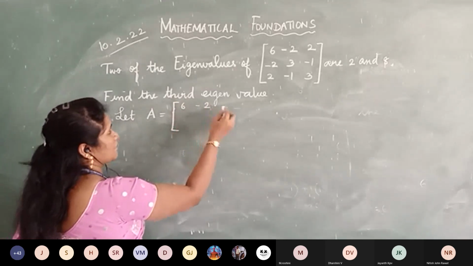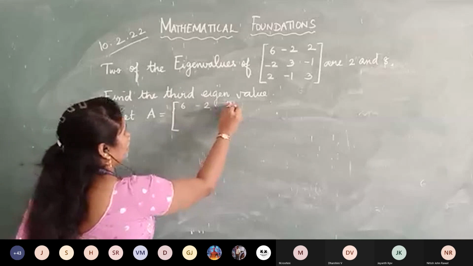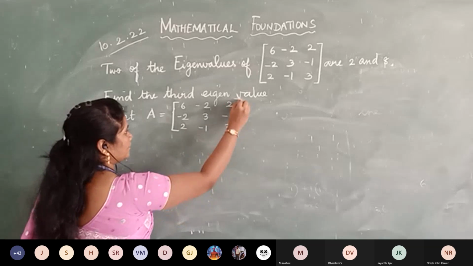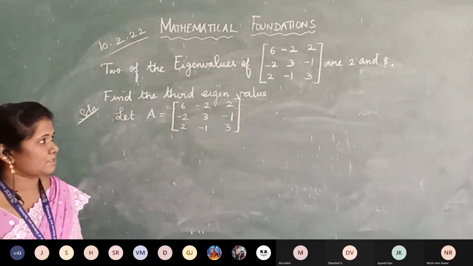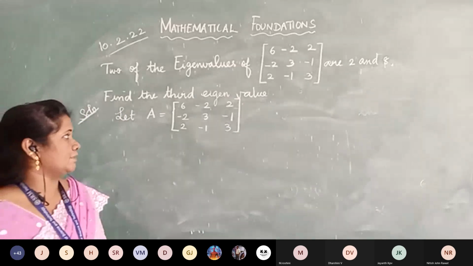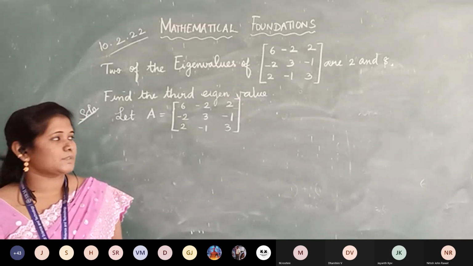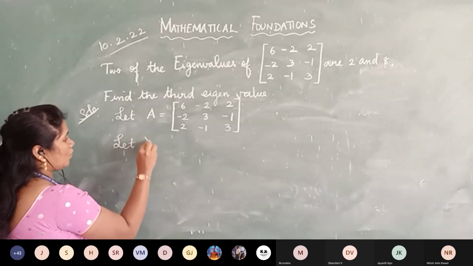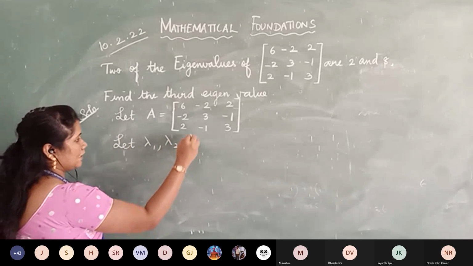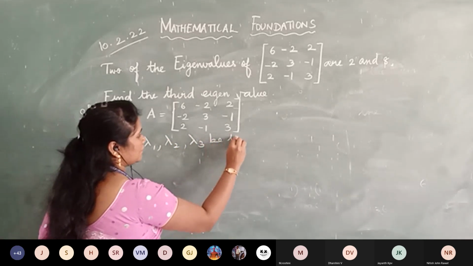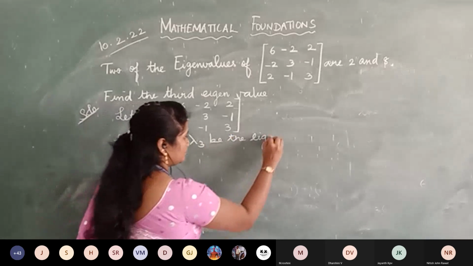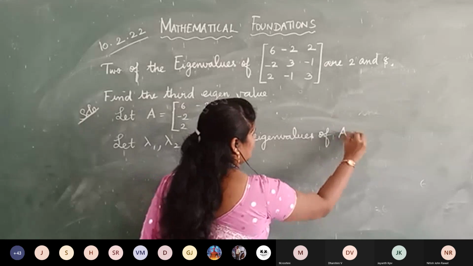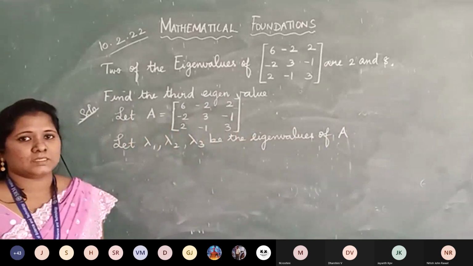Always represent your matrix and then go on to the problem. Then write: let lambda 1, lambda 2, lambda 3 be the eigenvalues of the matrix A.